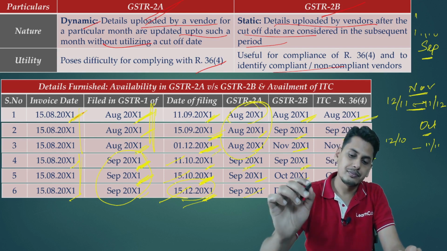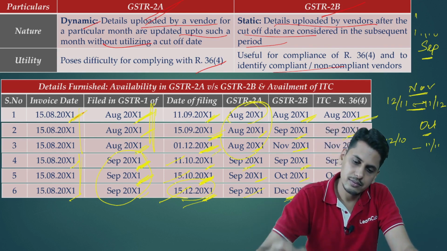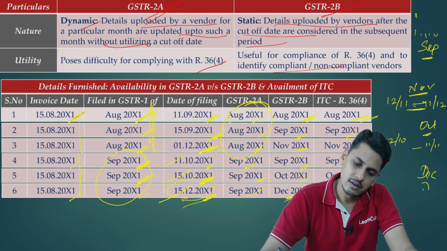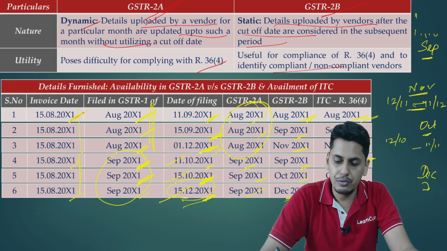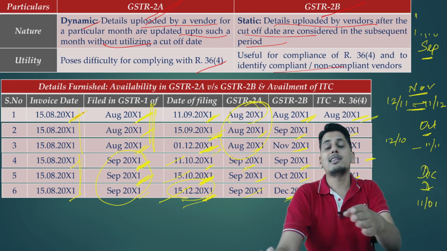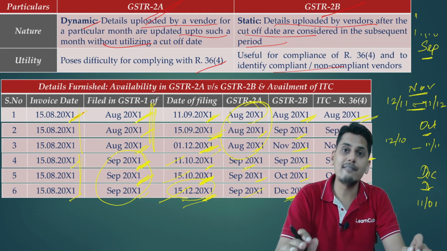Want to cross check? For December, what is the window? For the tax period December, what is the last date to file the data? It is 11th of January. What is prior to December? November. What is the last date for November? 11th of December.